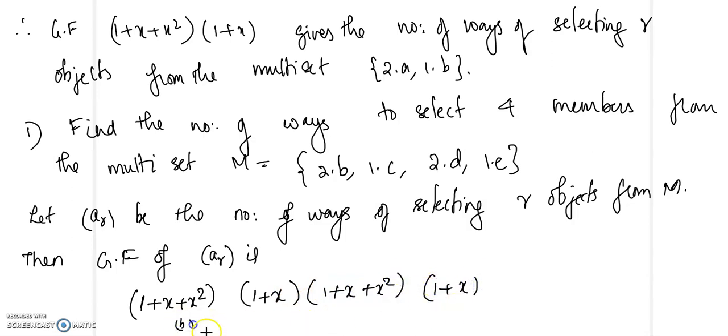So this corresponds to b, this is for c, this is for d, and this is for e.